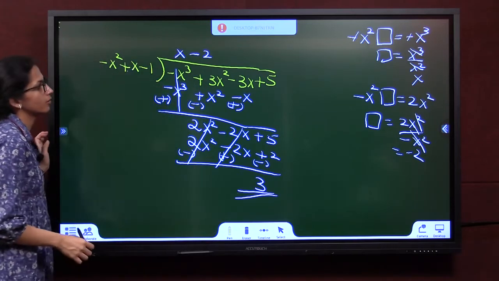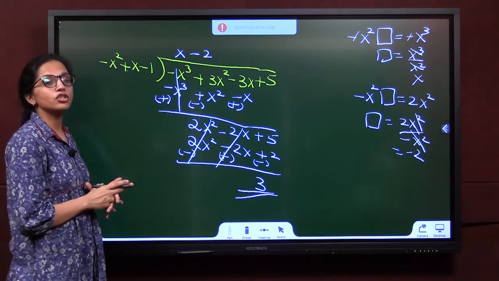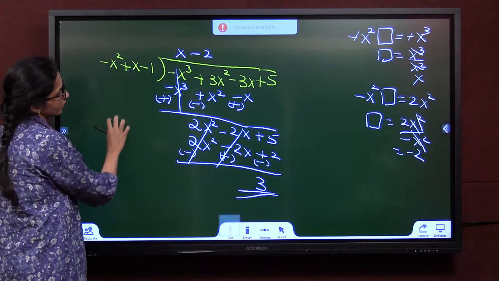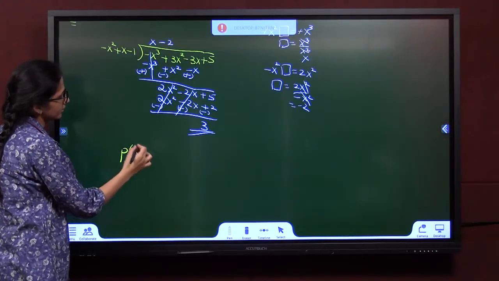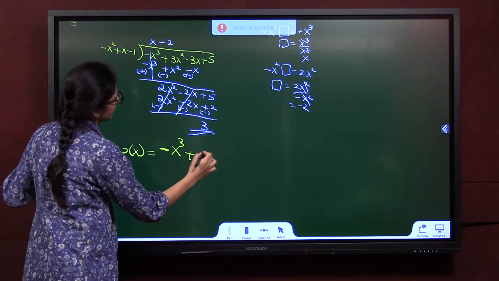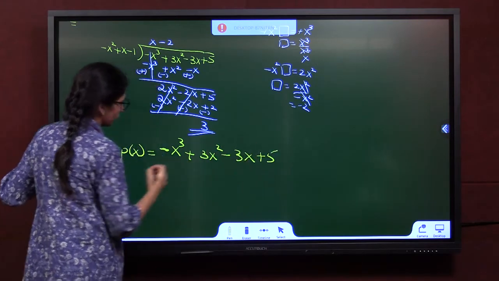So that's your remainder. In this question, they have also asked us to verify the division algorithm. So what is the verification part? See, P of x here is minus x cube plus 3x square minus 3x plus 5. We already know that.